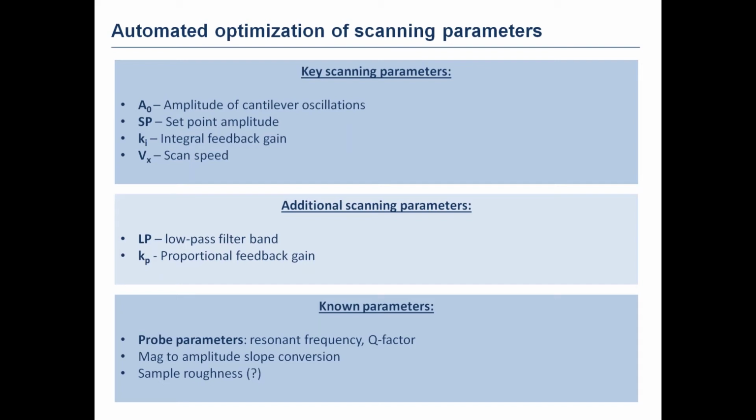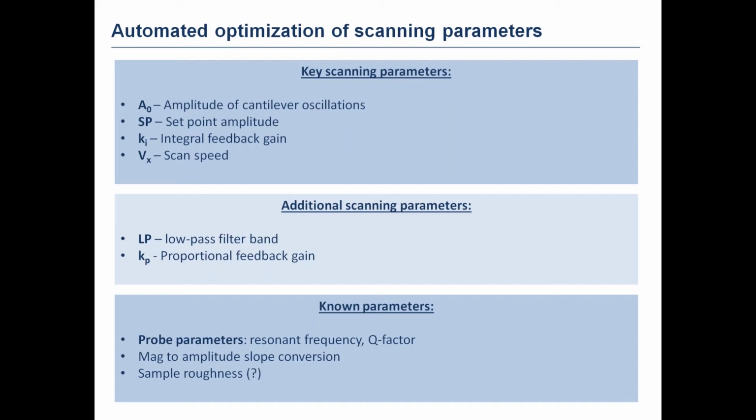We know some parameters: the parameters of the probe are known. We know the resonance frequency and Q factor of the probe, and maybe some other parameters of the probe. Of course, we have the conversion of the magnitude signal to the real amplitude of cantilever oscillation that can be measured, and we have some knowledge about the sample.